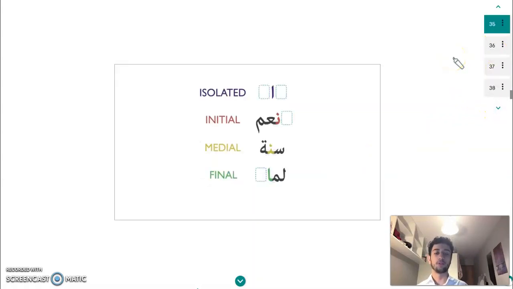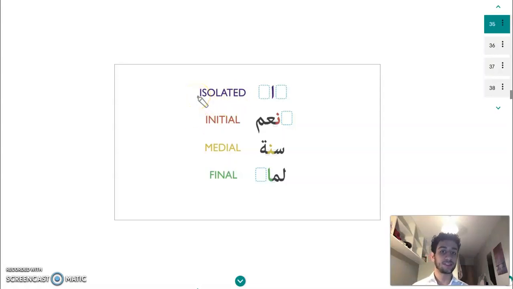Now, moving on to the way of writing these letters and how every letter has its own way of writing, and even every letter has different forms of writing. There are 4 forms of writing these alphabetical letters.